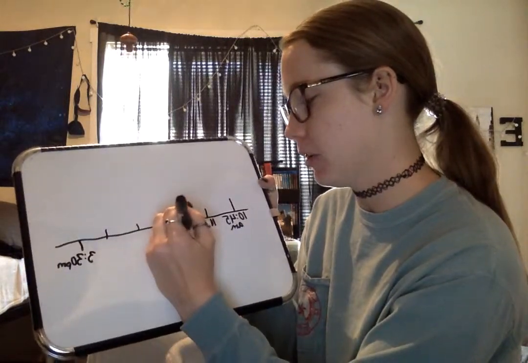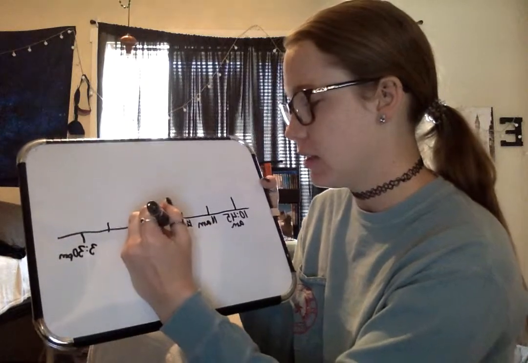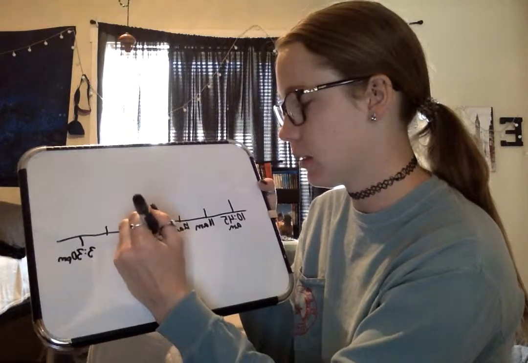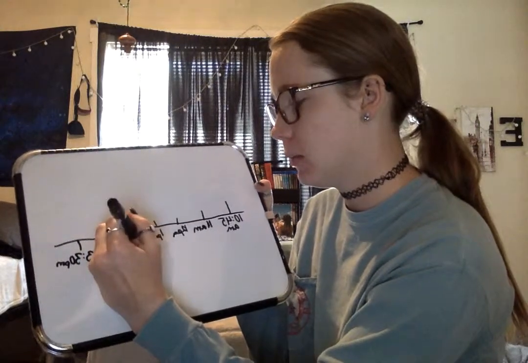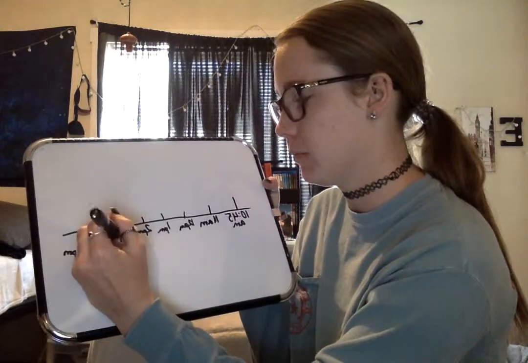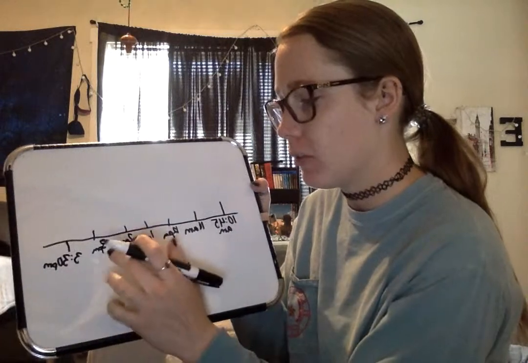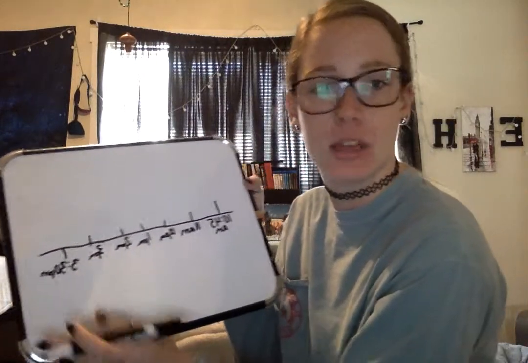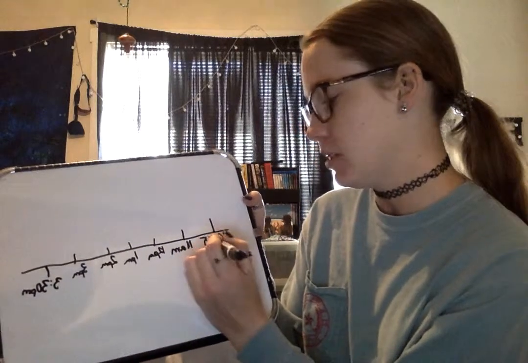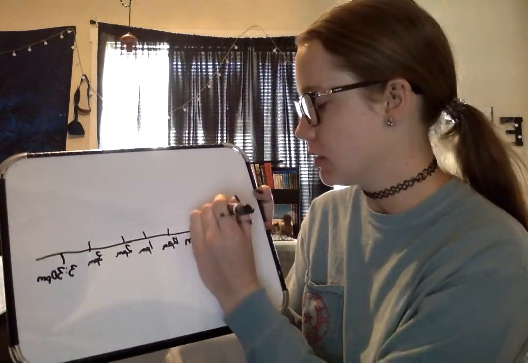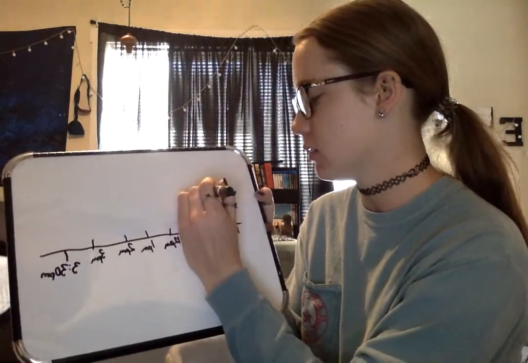And then you want to label those so you can keep track of the time that you are counting. This is actually p.m., 2 p.m., 3 p.m. And then we're going from 3 p.m. to 3:30, which is that 30 minutes. So if we're counting the elapsed time, in between 10:45 and 11 a.m. is going to be 15 minutes.